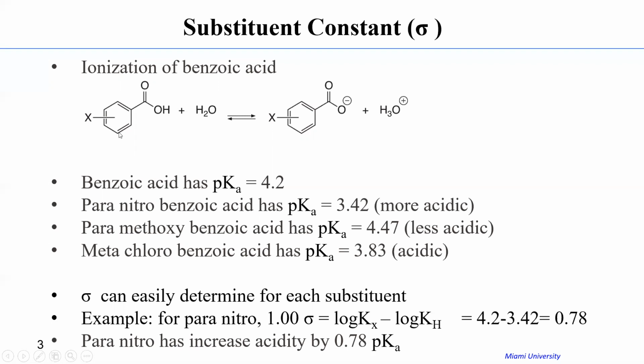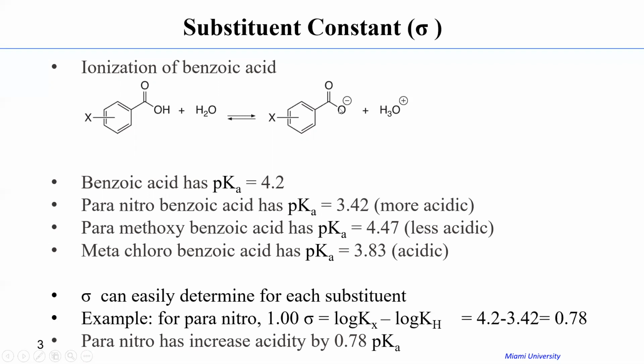So it gave me another piece of knowledge. If the substituent is in the para or meta position, for example para-nitrobenzoic acid, where the pKa is 3.42, this is much more acidic, because the nitro group pulls the electrons and so stabilizes the carboxylate group.